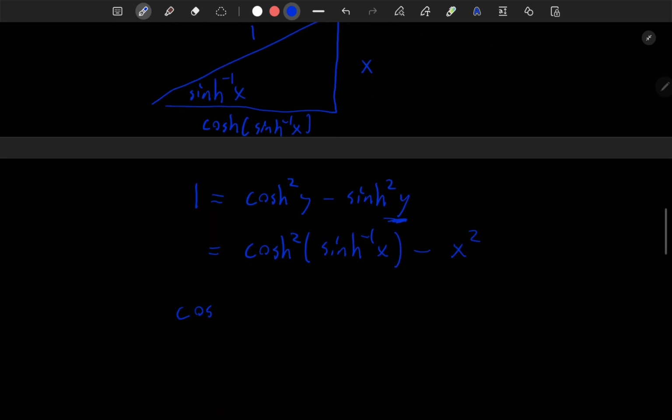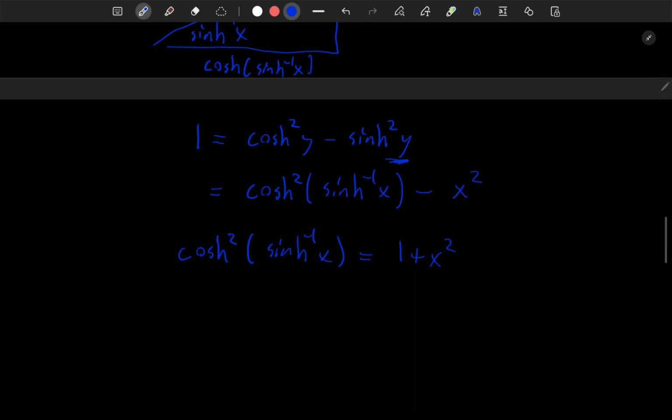So overall, we have cosh squared of inverse sinh gives you 1 plus x squared. Note that cosh is a strictly positive function. So we have cosh of inverse sinh is the square root of 1 plus x squared.